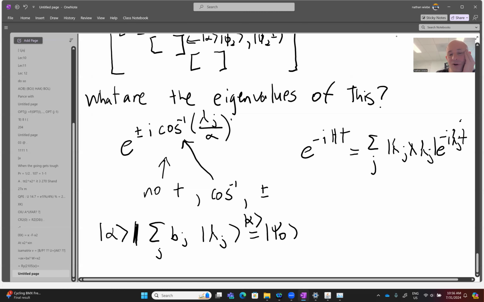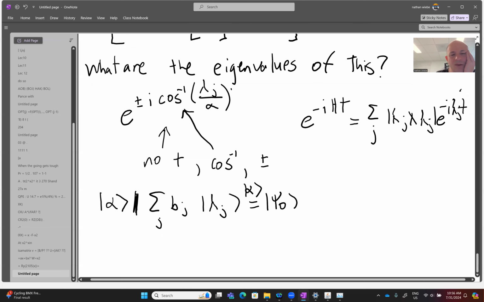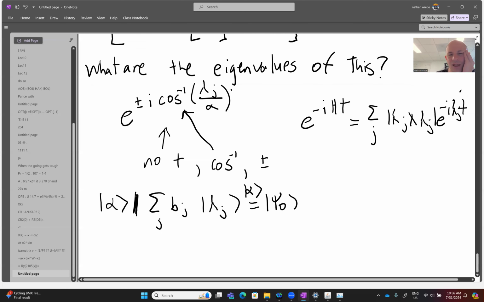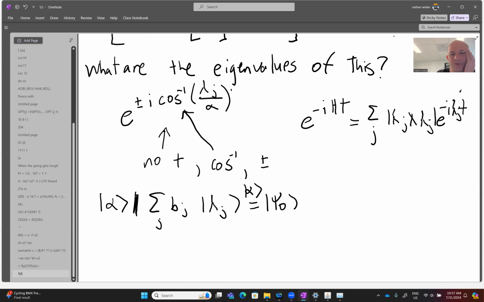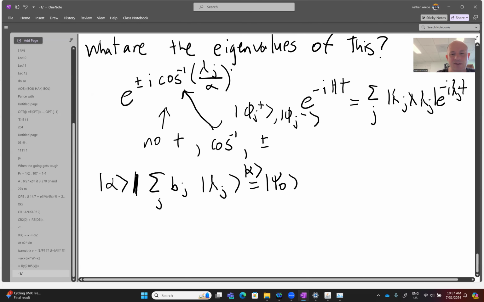So if this was our input state coming in here, then this input state is actually going to be supported by both of these eigenvalues. Let's call them phi j plus and phi j minus, corresponding to the two different eigenvalues that we can have from it.